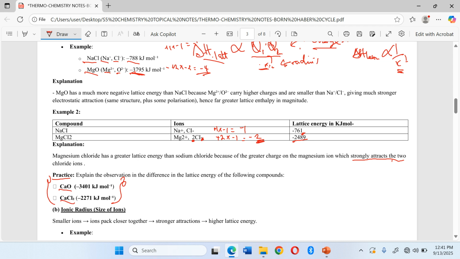Calcium oxide has negative 3401, while calcium chloride has 2271. Which one has a bigger value? This one is 2000, this is 3000, which means calcium oxide has a bigger lattice. Now the question is, why is calcium oxide having a bigger lattice than calcium chloride?